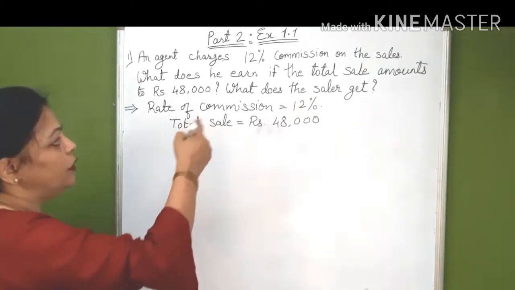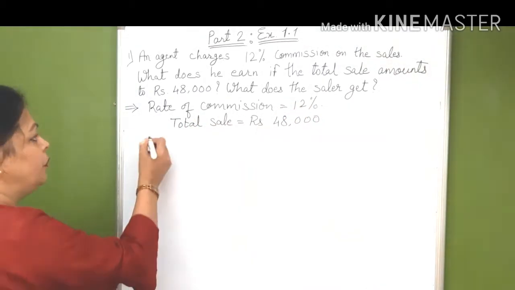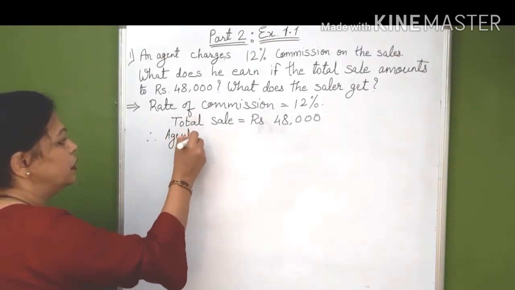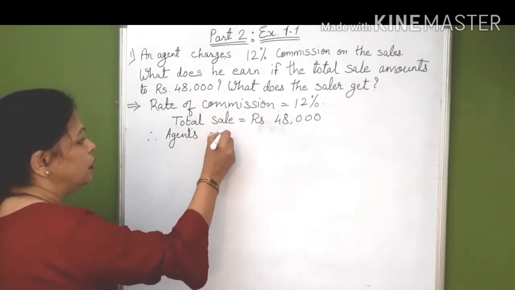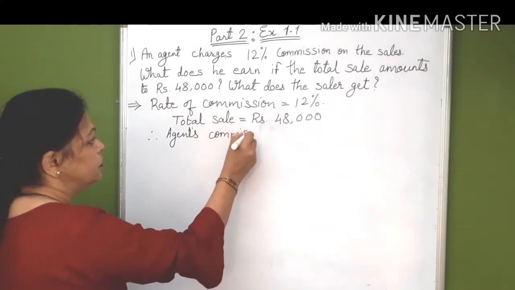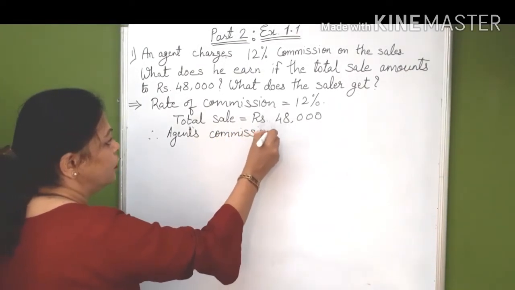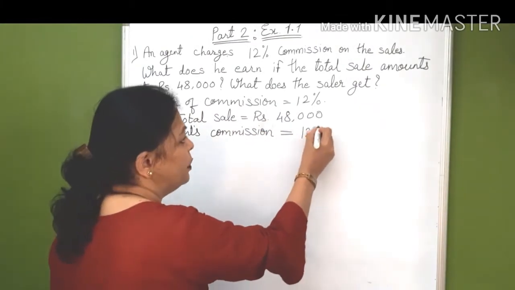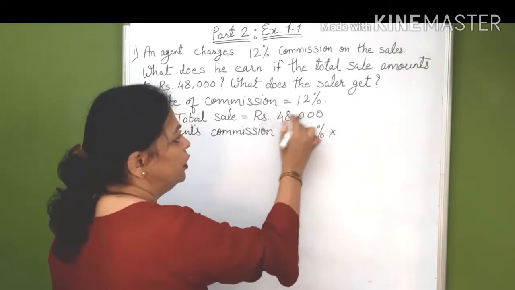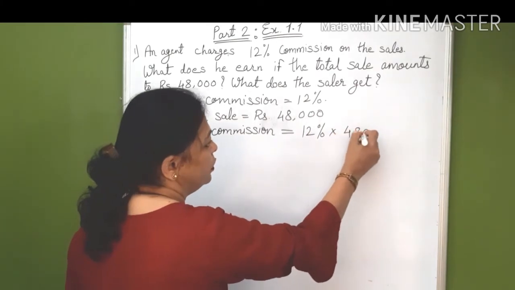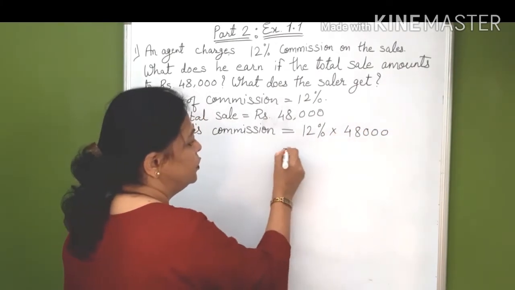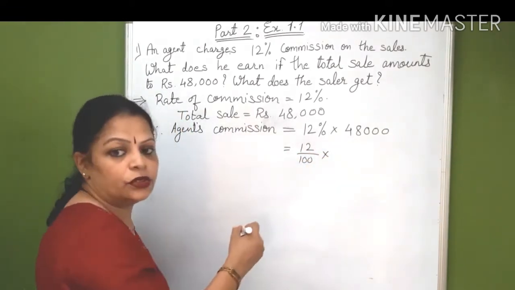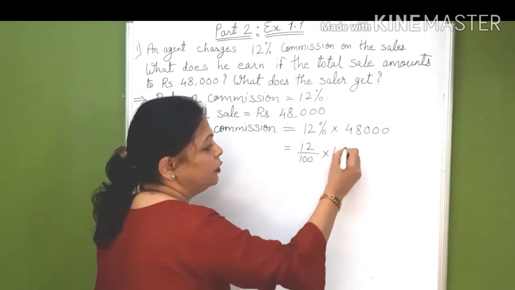Now we have to calculate the agent's commission. So we'll write therefore agent's commission is equal to 12% into 48,000. So that is nothing but 12 upon 100 into 48,000.